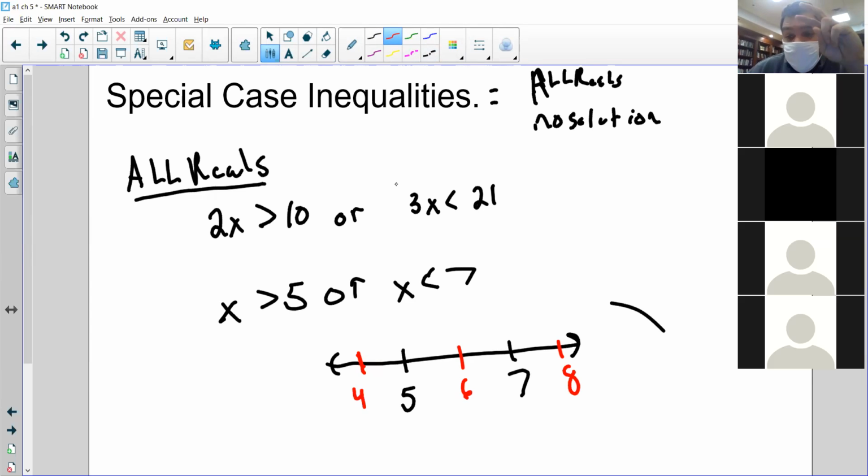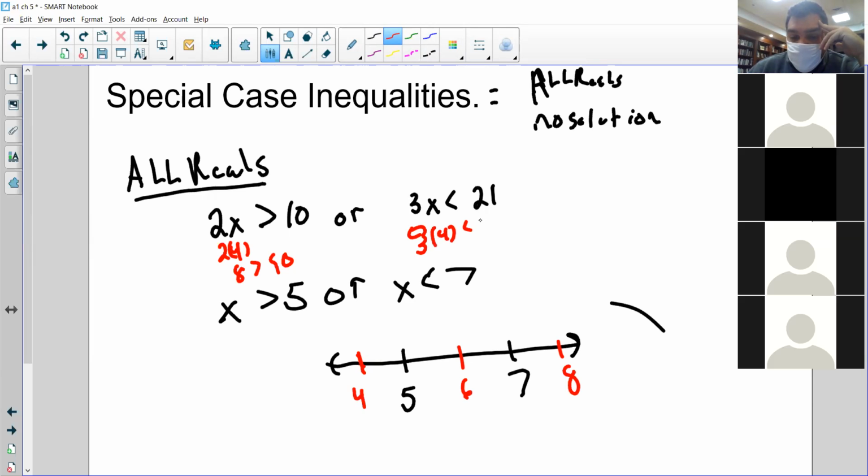In an and statement, they both have to be true. So I'm plugging in 4. 2 times 4 is 8. Is 8 greater than 10? Not in this case. Then 3 times 4.